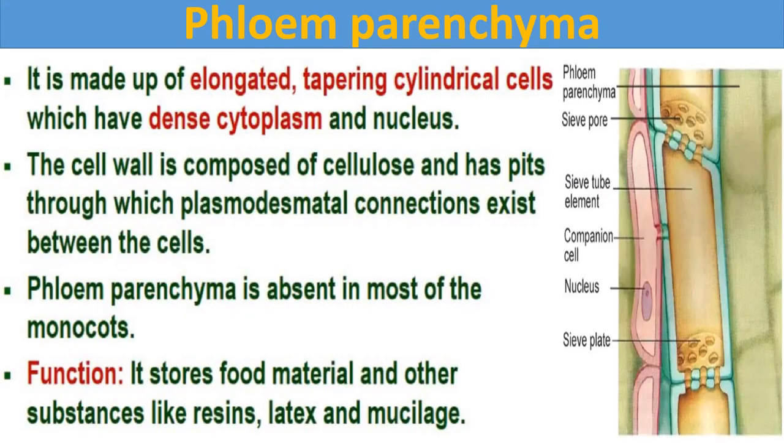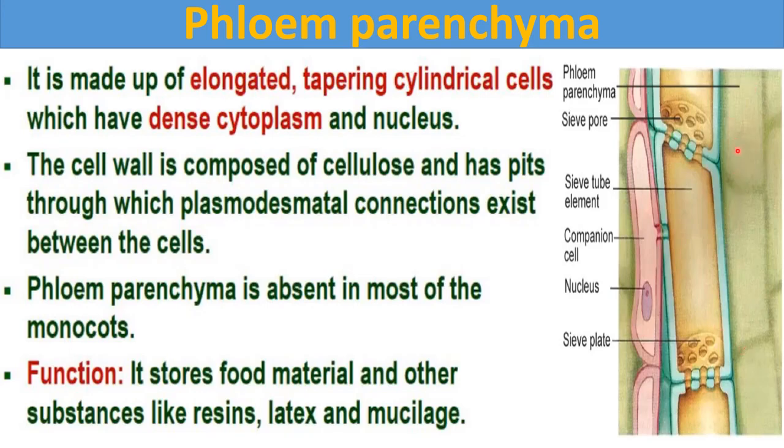The next type of phloem element is phloem parenchyma. As you can see, the name parenchyma means the cells are parenchymatous here also. So these are parenchymatous cells, and it is made up of elongated, tapering, cylindrical cells. You can see here in the diagram, this part is phloem parenchyma, and the cells of phloem parenchyma are elongated and cylindrical.